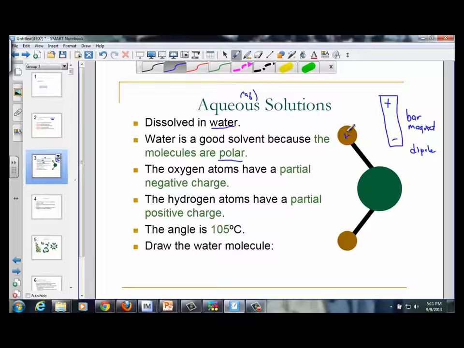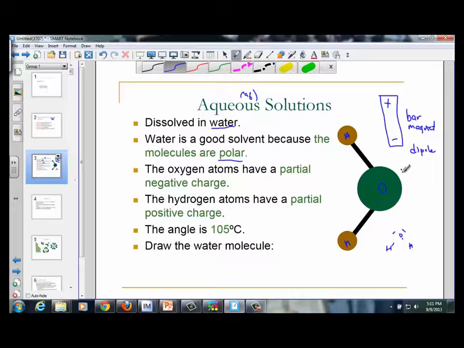A water molecule has the same structure. Here's an H, and this is an oxygen. Two H's and an O bonded together. If I think about the Lewis dot structure, the electron configuration of a water molecule, this oxygen has two sets of electrons that are exposing an area that is very electronegative.